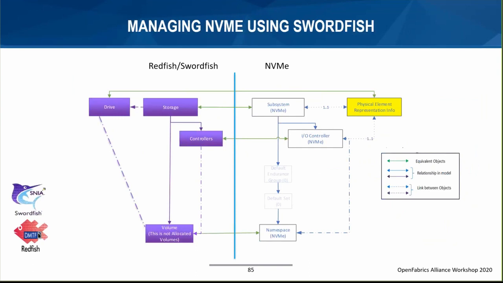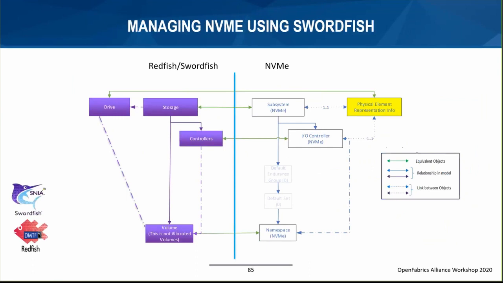So now that we have seen a generic storage model with Swordfish, let us see how NVMe and NVMe-oF fabrics resources can be laid out in that kind of a model so that they can be managed in a large-scale infrastructure.